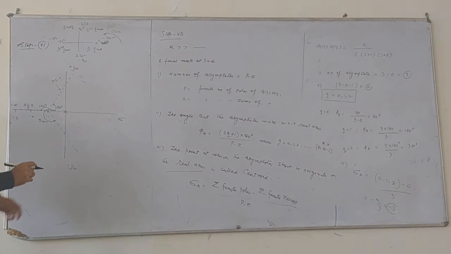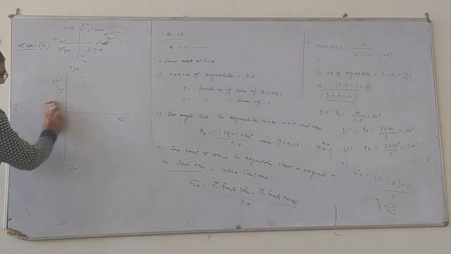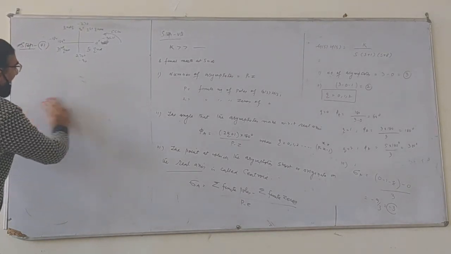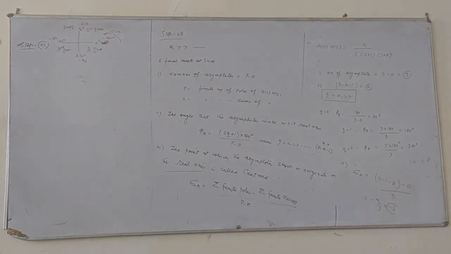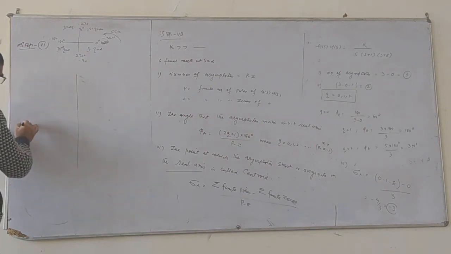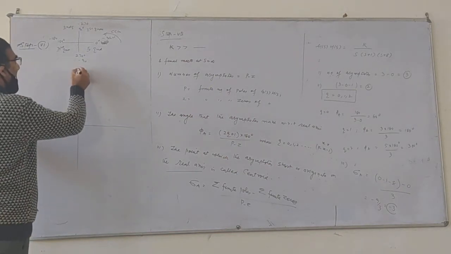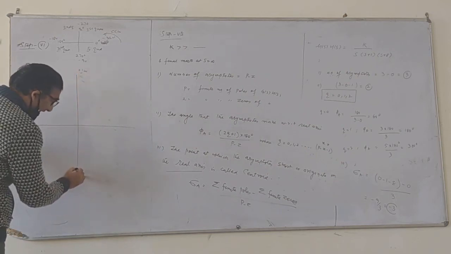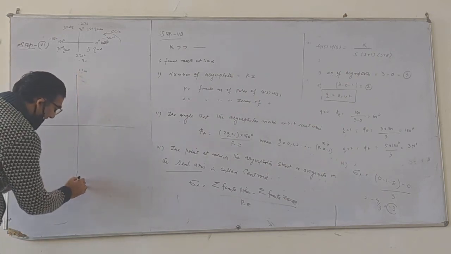Oh sorry, I've drawn wrong. Anyway, this was the angle. Sorry, this is not correct. I'm not seeing the centroid here. I thought this is -1.